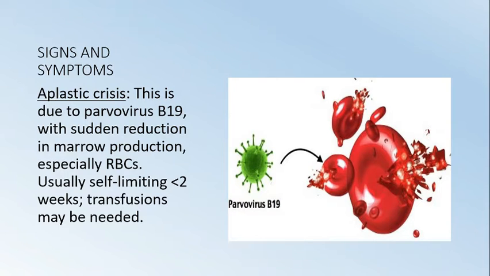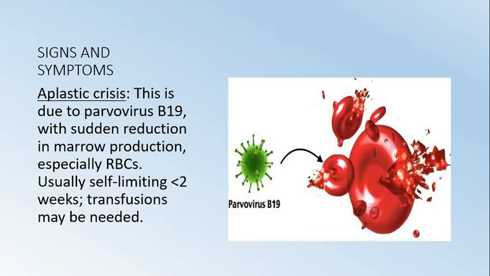Next, we see aplastic crisis, one of the crises linked with sickle cell disease. This is actually due to infection with parvovirus B19 with sudden reduction in marrow production. So this parvovirus, when infected, causes a lot of damage, an aplastic anemia crisis.